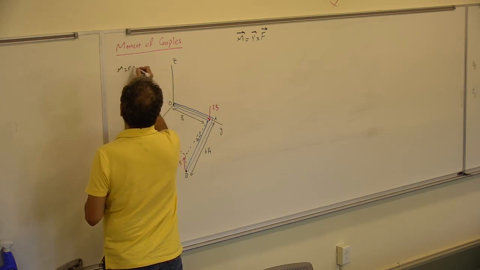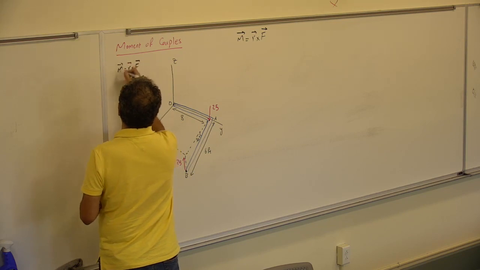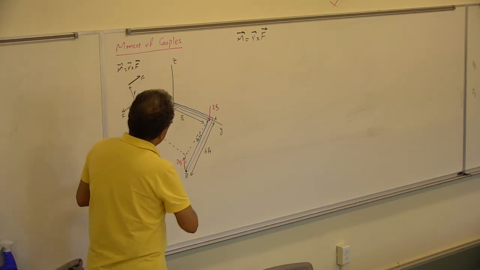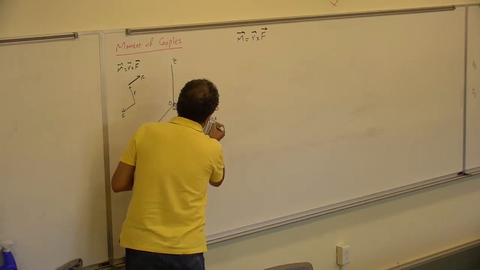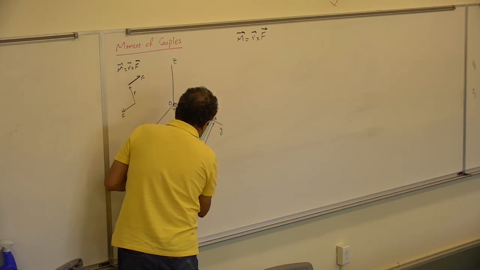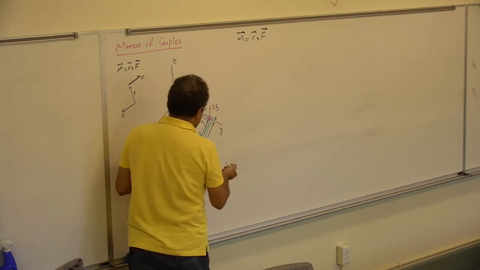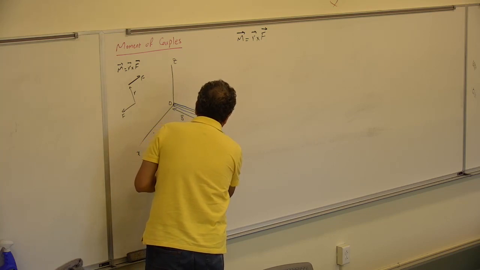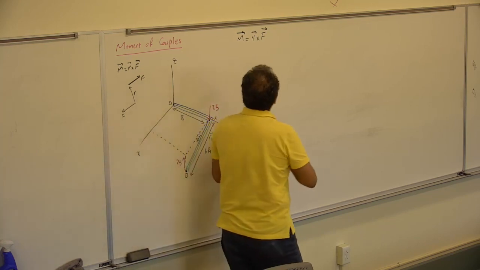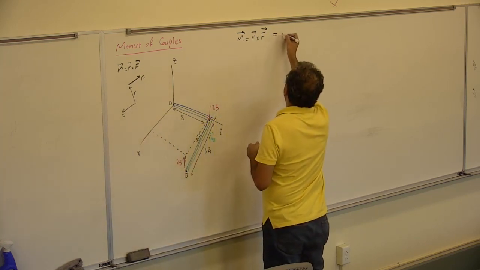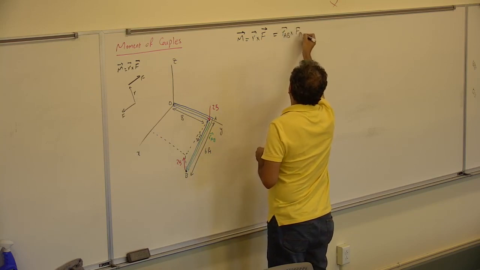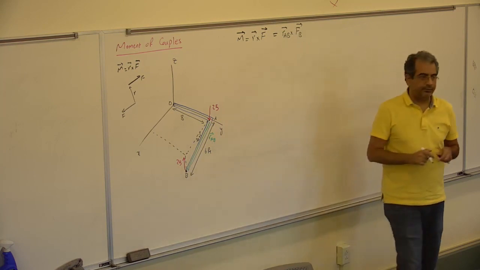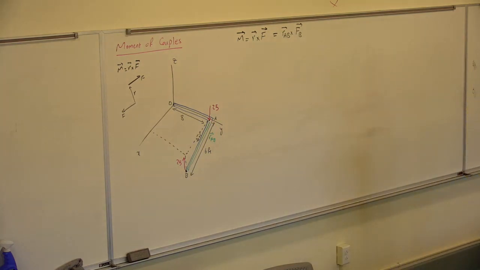M would be R cross F. So in this case, R is going between them, from here to here. So that's going to be R_AB. So the moment is M equals R_AB cross the F at point B.